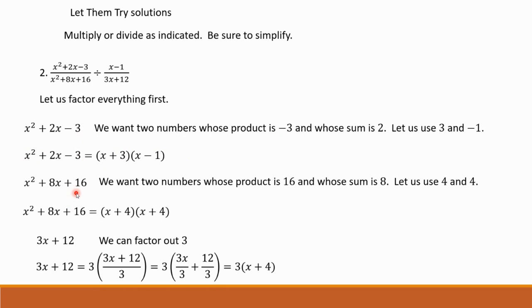Now notice though, we want two numbers whose product is 16 and whose sum is 8. Well, what two numbers do that? We know 4 times 4 is 16. 4 plus 4 is 8. So we end up with this, as you can see.